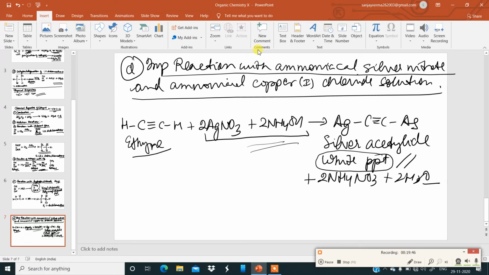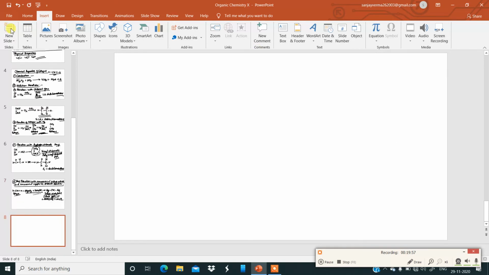The next one, the second test over here is reaction of ethyne with ammoniacal copper 1 chloride solution. So for this I want to use another slide. Ethyne plus CuCl plus ammonium hydroxide.